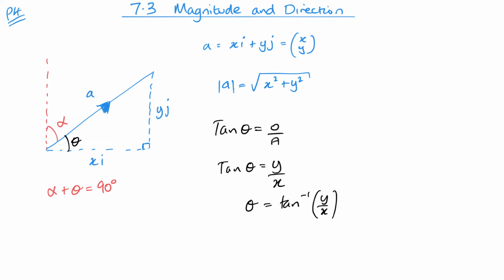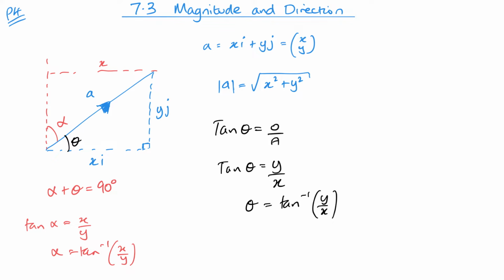Again, you can work it out straight from alpha as well. Because if I think about this, and I'll put this in red here, you've got your x. So, you can look at tan alpha being opposite over adjacent. So alpha would be x over y.